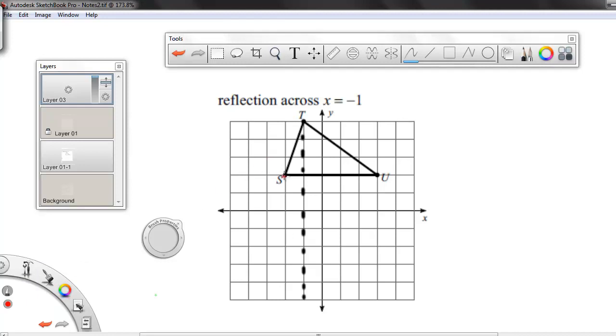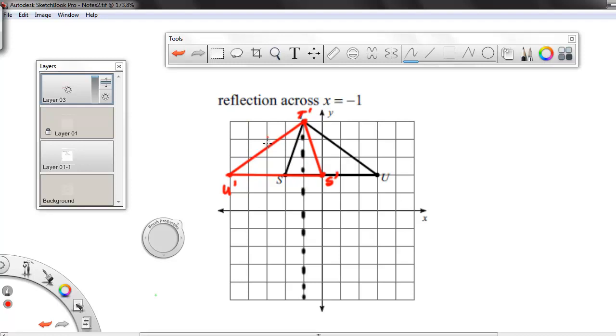So that means S will become over here, and that will be S prime. U is 4 away, so U prime will be 4 away from this line. U prime is right there. T is on the line, so it doesn't move at all. T prime and T are the same point. There is our reflection.